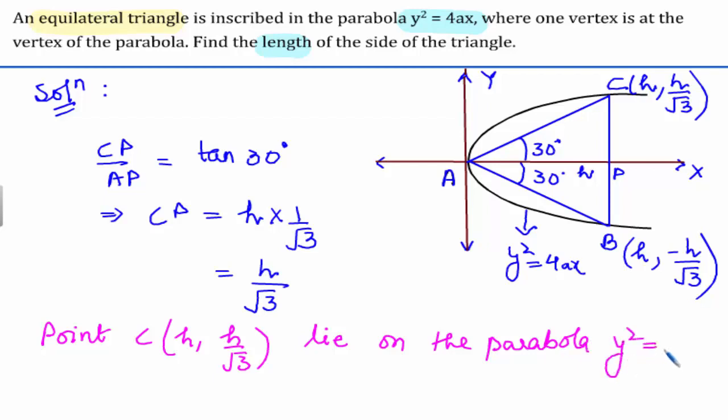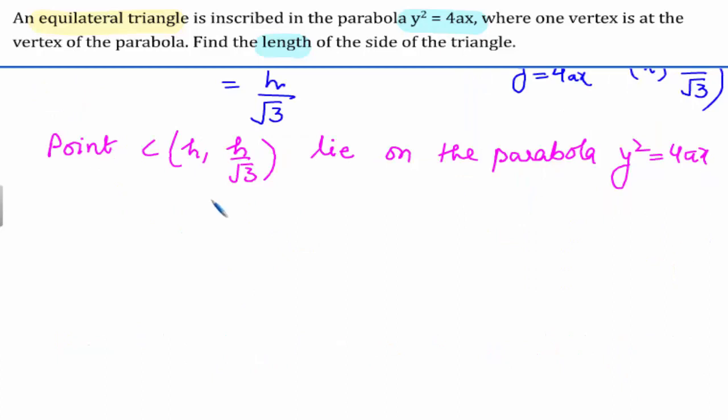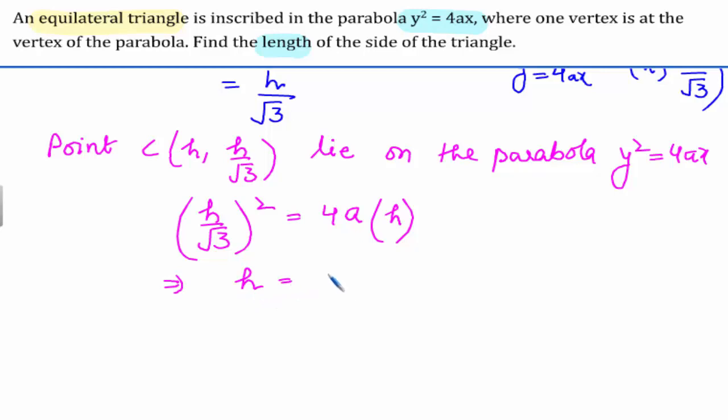Therefore this point will satisfy the parabola, that is, replacing y by h upon root 3 and x by h, we have h upon root 3 whole square is equal to 4a into h. So this implies that h is equal to 4a into 3, which is equal to 12a. Therefore h is equal to 12a.